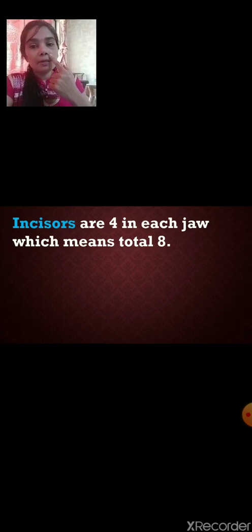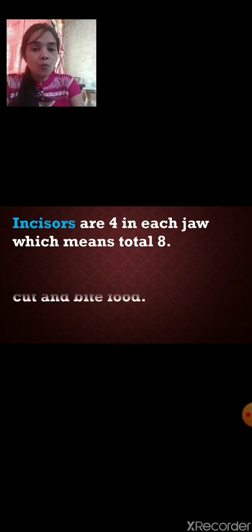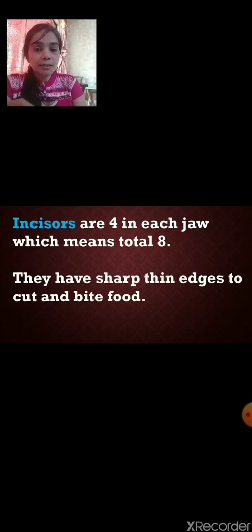We have the upper jaw and the lower jaw. So in each jaw we have four, four up and four down, which means a total of 8. And what do they do? They have a sharp, thin edge and it helps to cut and bite the food.